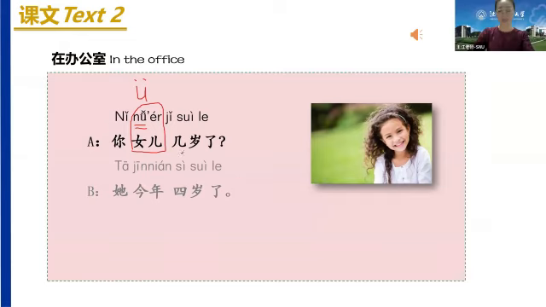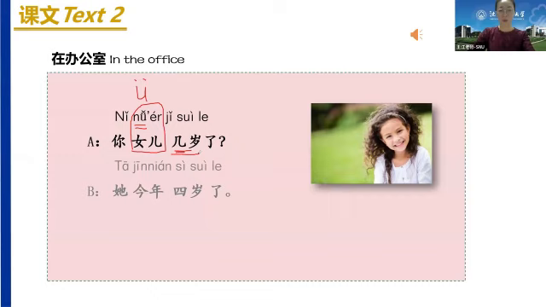Okay, so 谢谢。你女儿几岁了？几 we have just learned in text 1. It's used to ask about a number, but the number is usually less than 10.